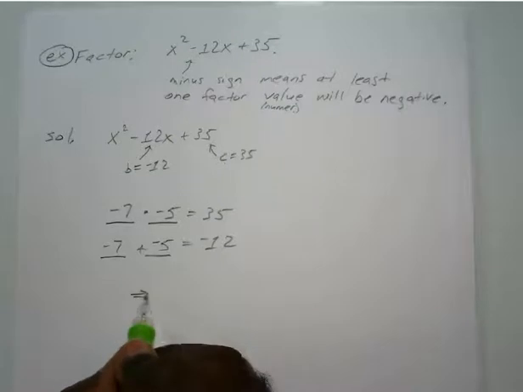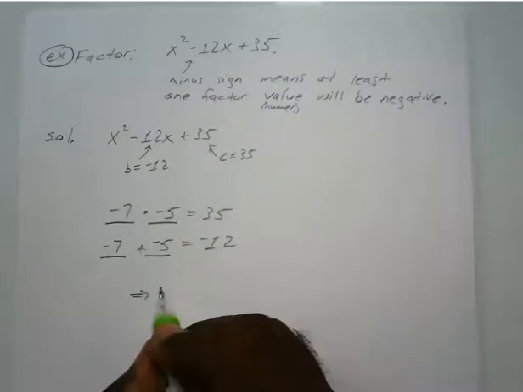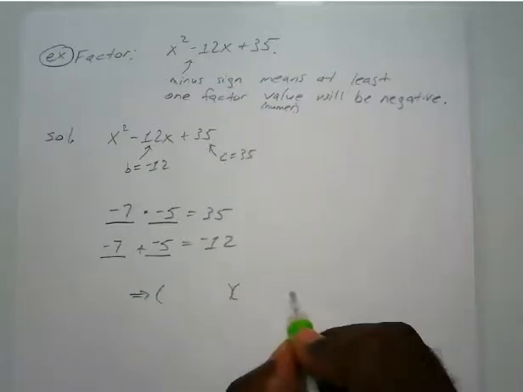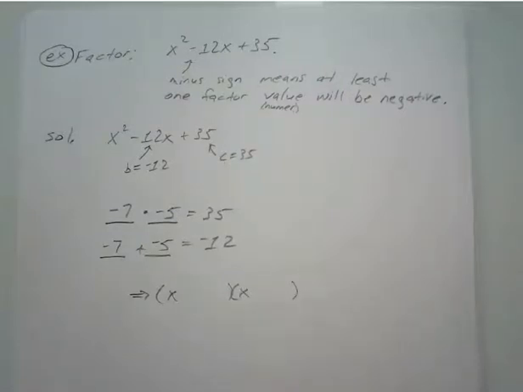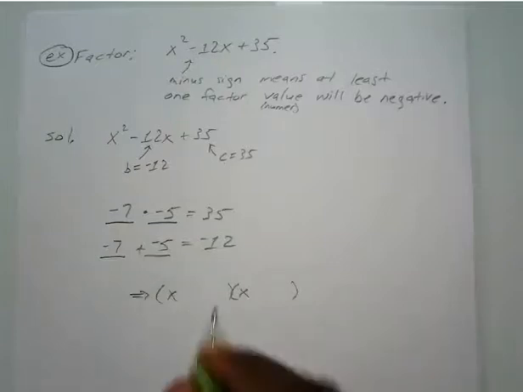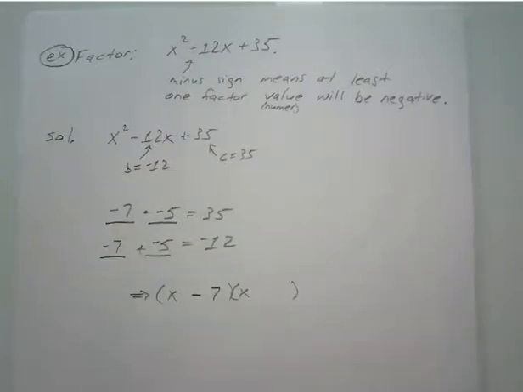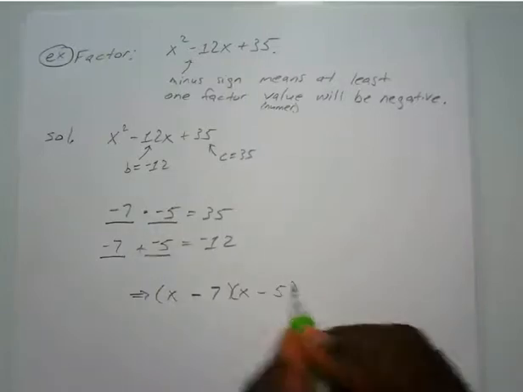Okay, so that means as soon as we find the two values, we know it's going to be x plus or minus something, x plus or minus something. So since this is negative 7, it's going to be x minus 7. And since this is negative 5, it's going to be x minus 5.